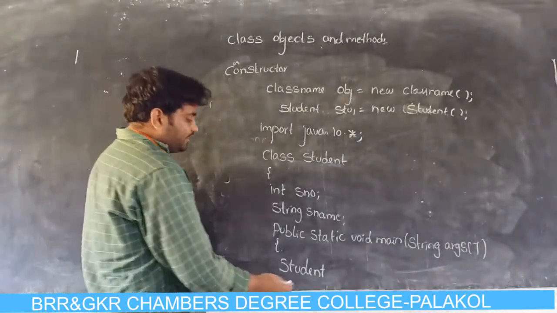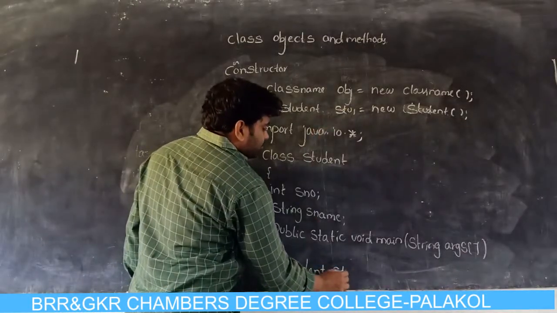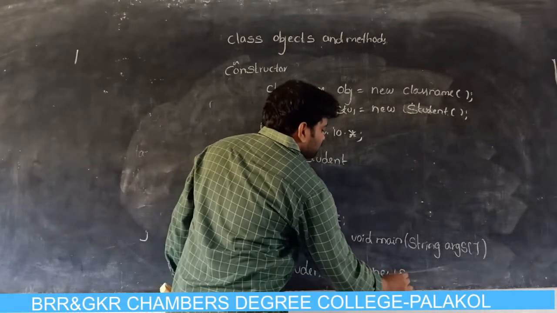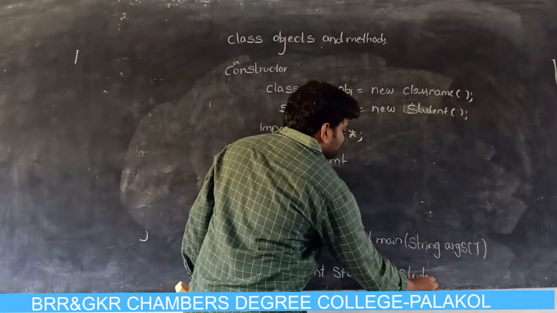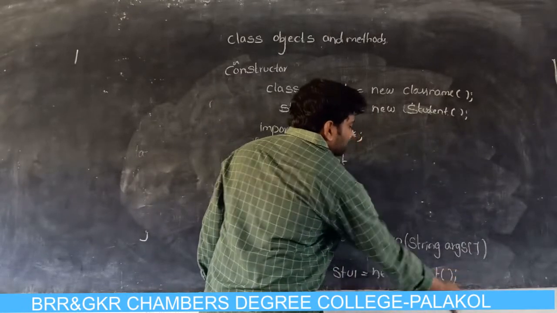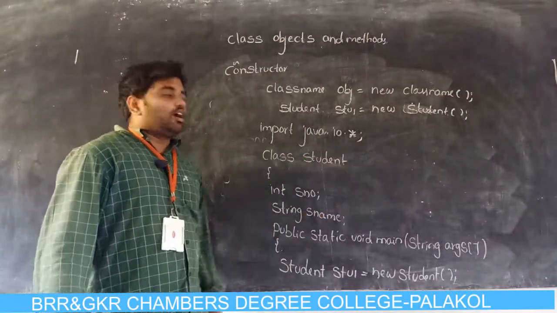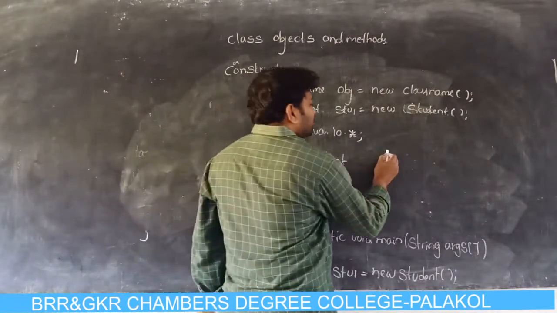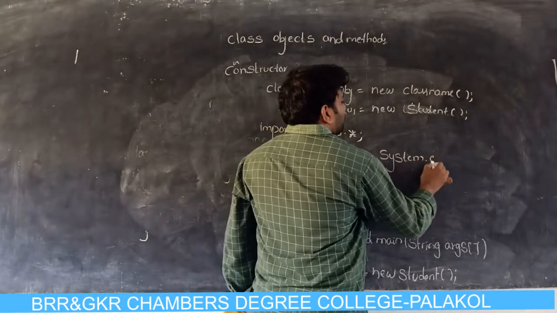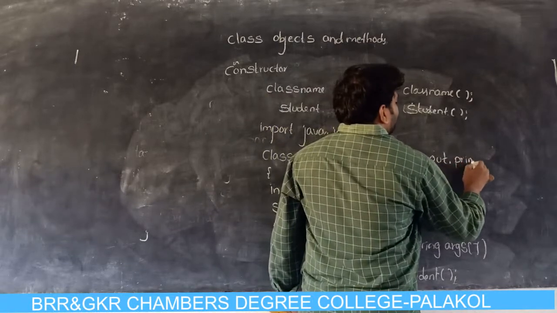Next, object stu1 equal to new Student(); semicolon. After the constructor you write the output statement System.out.println.